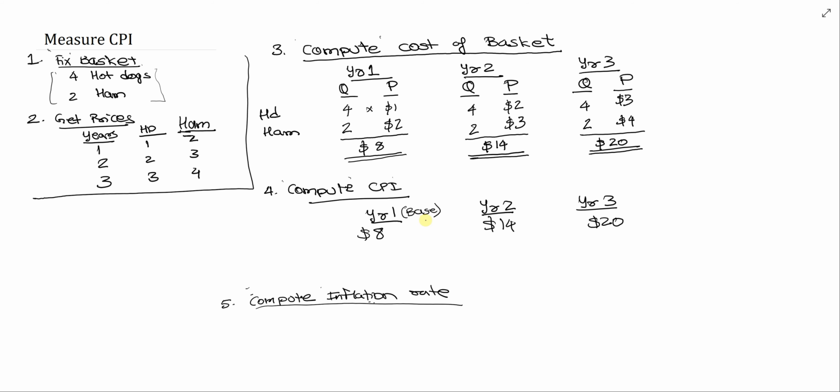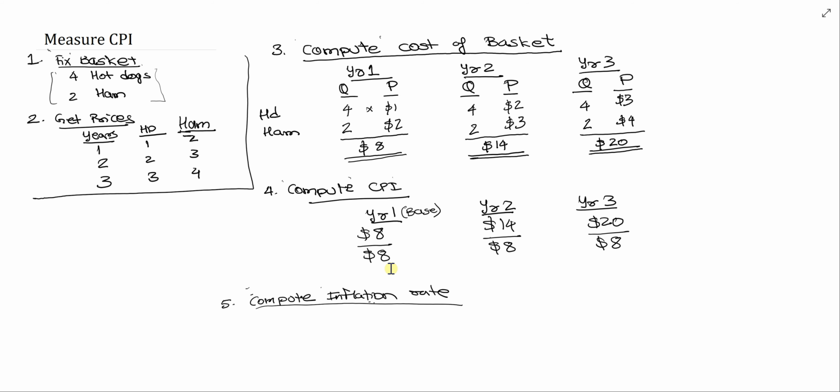You base all the computation off the base year. The base year cost of the basket is $8, so you divide by the base year cost of the basket. Current year cost of the basket, 20, divided by the base year cost of the basket. You're doing the same operation, dividing throughout by 8.